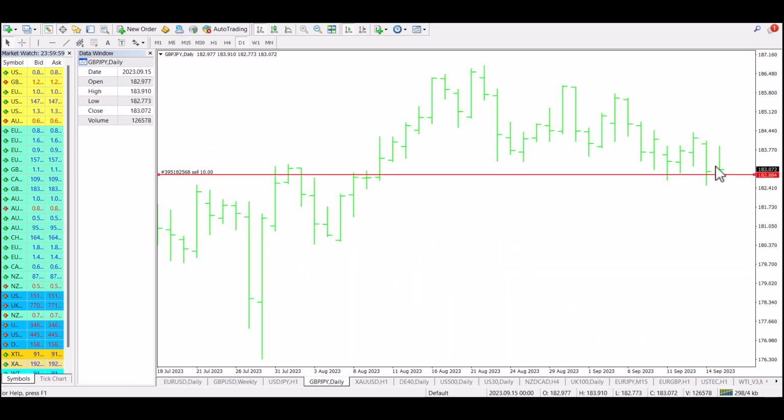Again, if the market happens to bounce at the beginning of the trading week inside this range, as long as it doesn't take that high out of 184.08 to the upside, went to 183.91 on Friday, tried really hard when it looked really bullish, and it failed. So providing it doesn't take 184.08 out to the upside, I am very much looking for this market to go lower.